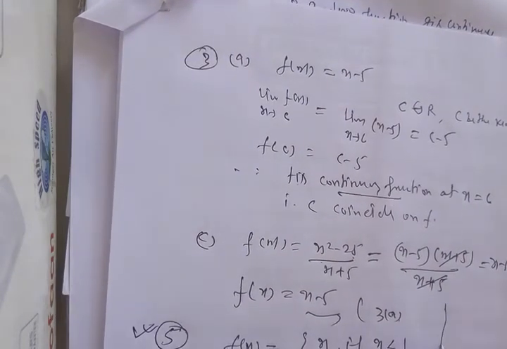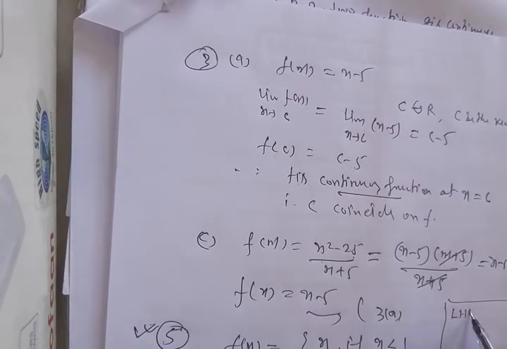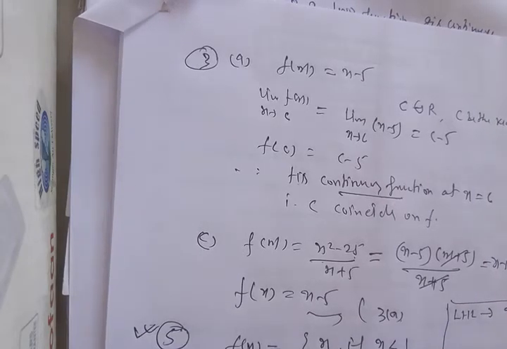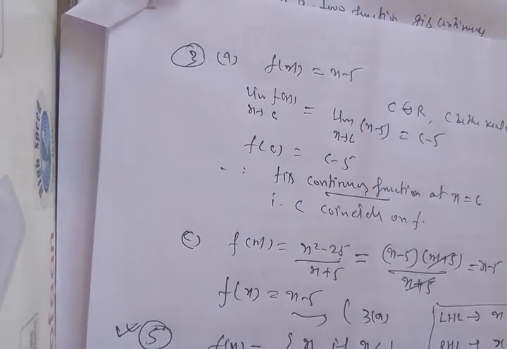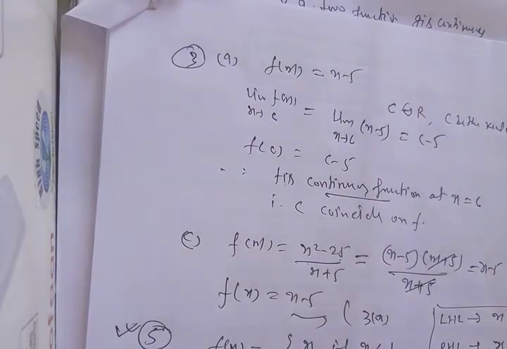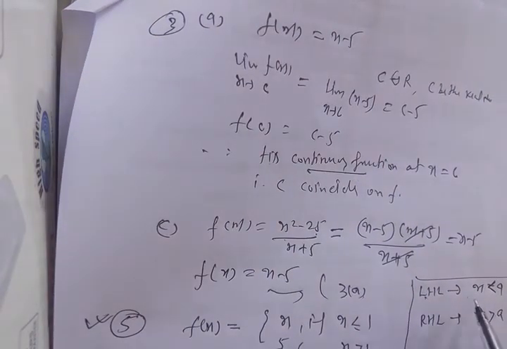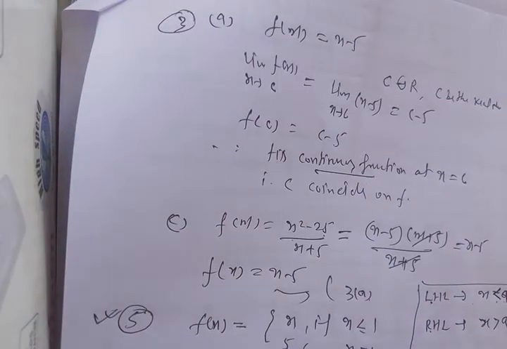Okay, let me explain it extra. In this case, LHL means left hand limit, and x is less than 1 lies there; RHL means right hand limit, and x is greater than 1 lies there. Clear and perfect. So LHL is for less than a, RHL is for greater than a, and the function value is at a.